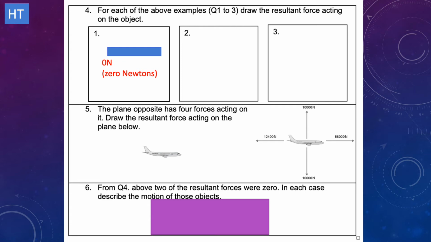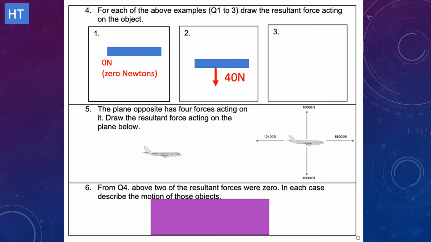For number 2, remember that our free body diagram only had 1 force on it, and if it has 1 force, then that makes your job kind of easy, because your resultant force will be that 1 force, because there's only 1 force acting on it. Number 3, we have the plane that was at constant speed and constant altitude.